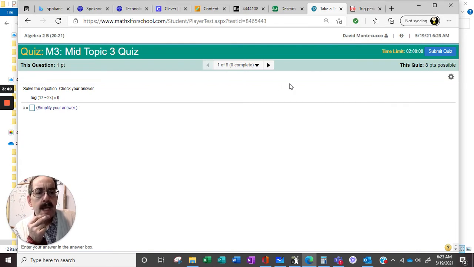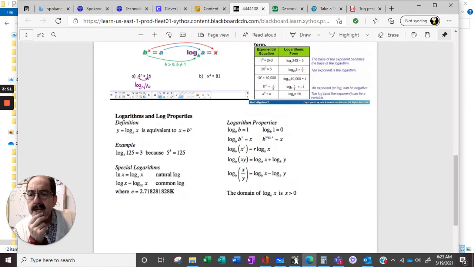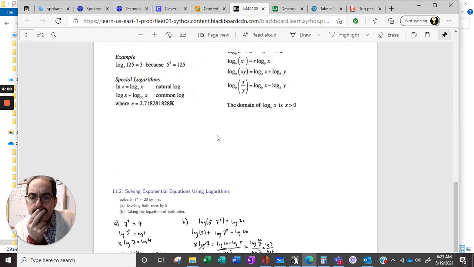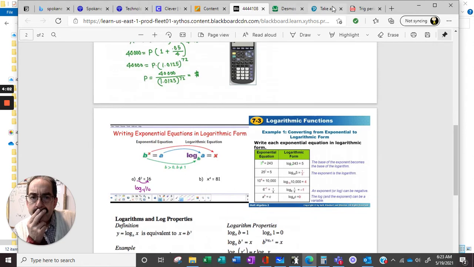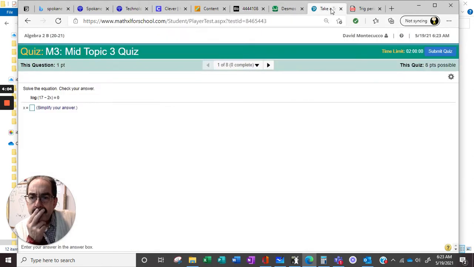Now, if we go to our cheat sheet, and we have the log of, and we subtract.